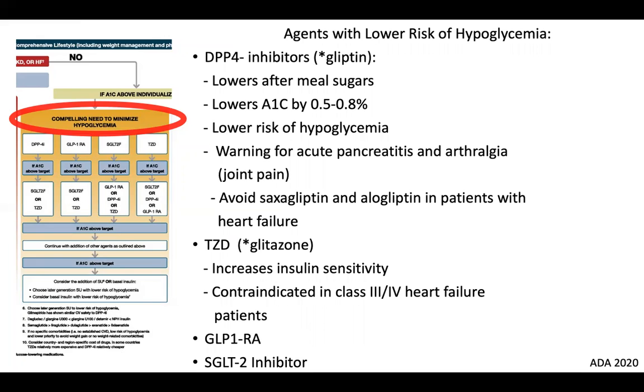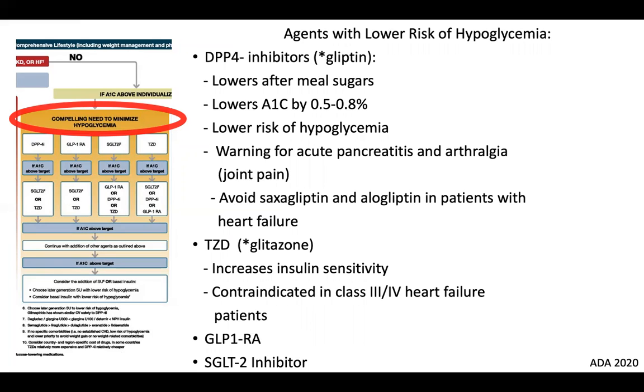This class of medication affects the postprandial blood sugar and can only lower the A1C by about 0.5 to 0.8%. This class of medication carries a warning for causing joint pain and acute pancreatitis, and it is important to remember that saxagliptin and alogliptin are not recommended in patients with heart failure.